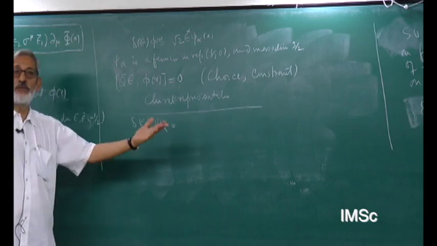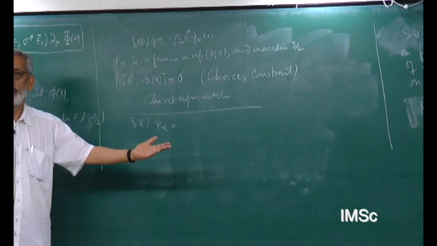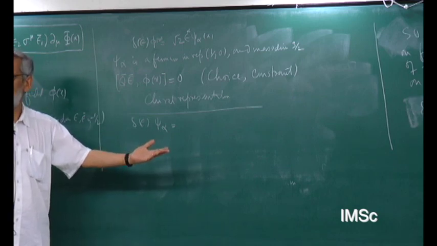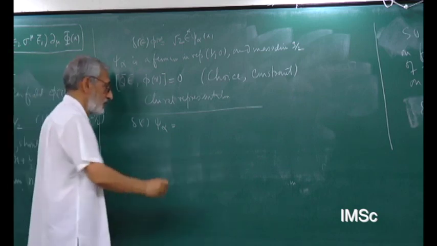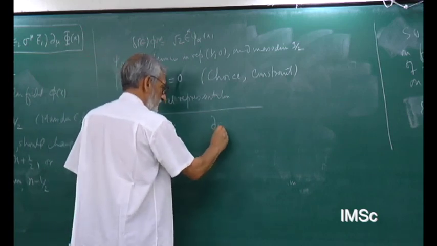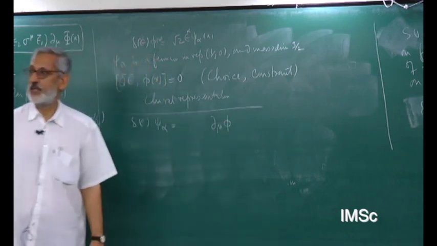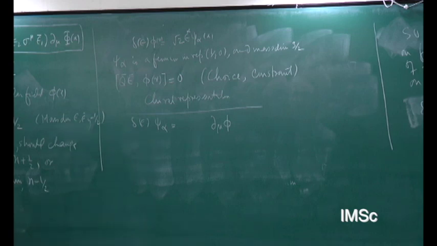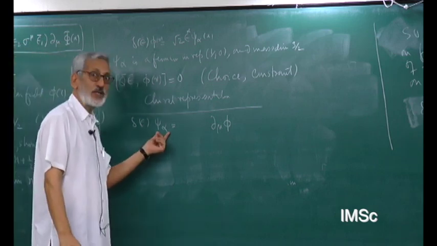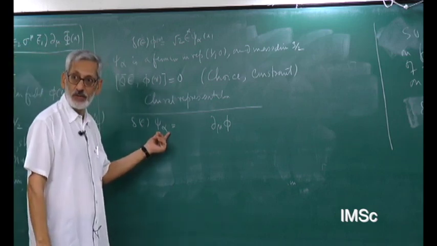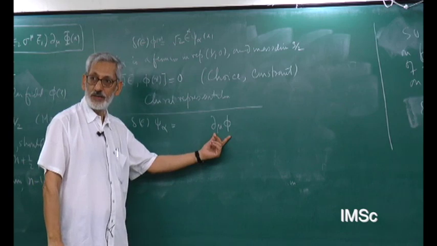So it must change into a field of mass dimension 3/2 plus half, which is 2. And the derivative of phi is dimension 2. But now this is fermionic. This must be fermionic.